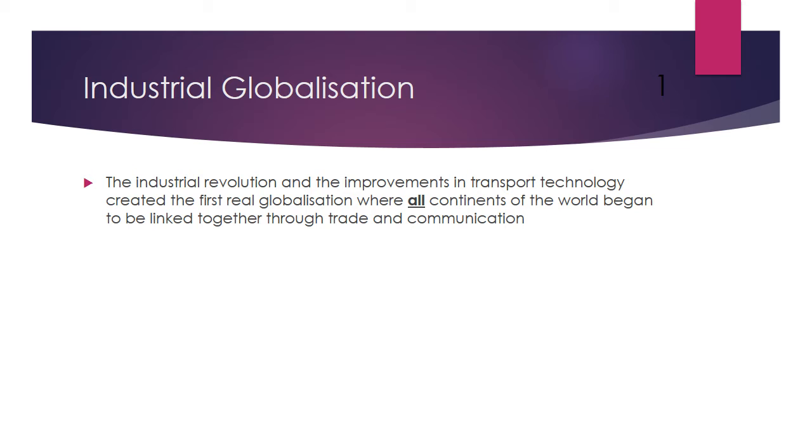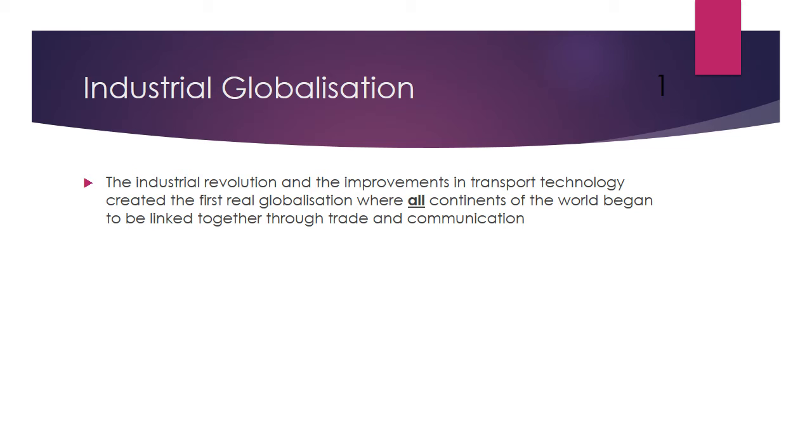The Industrial Revolution then occurs in the 1800s, and the improvements in transport technology meant that all continents of the world began to be linked together, excluding Antarctica, I suppose.